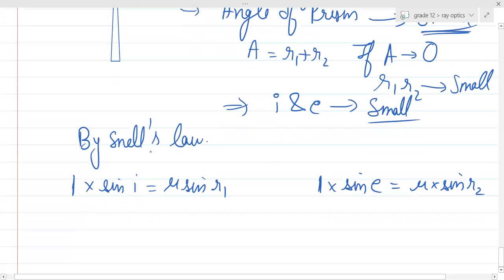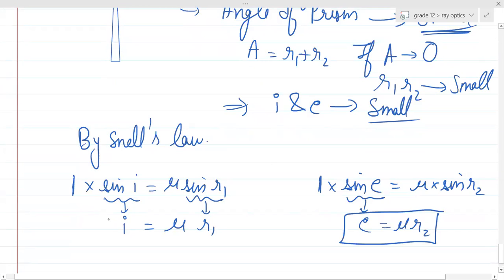If the angles are small, then sine I will be approximated to I in radians. So sine I will be like this, sine R1 will be like this, mu will be like this. So can you see I is equal to mu into R1? And similarly, E will be equal to mu into R2. Yes or no?